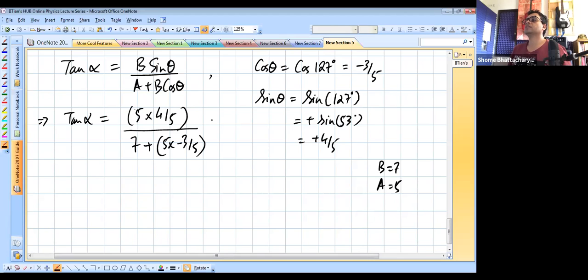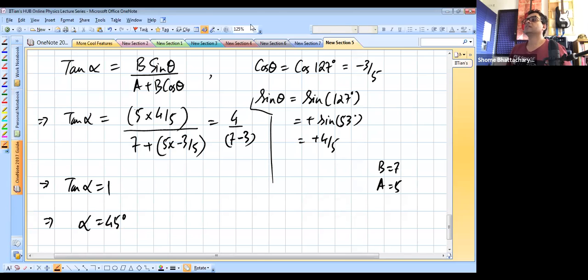So you can see that this actually becomes 4 upon 7 minus 3. So that's actually 1. So interestingly, the value of alpha comes out to be 45 degrees. So that is a complete description of our resultant.